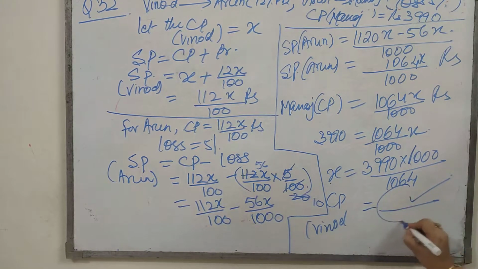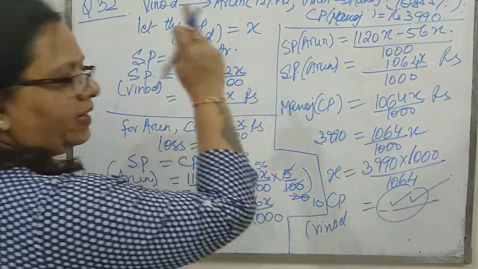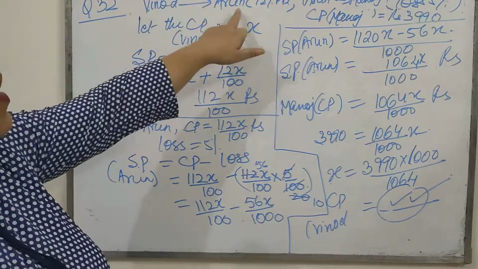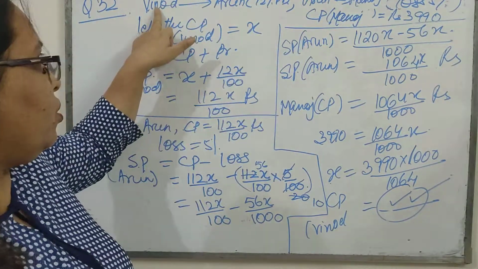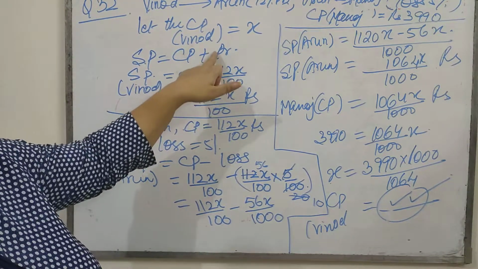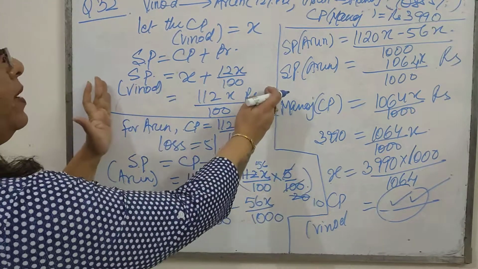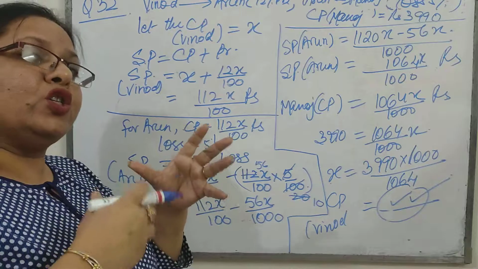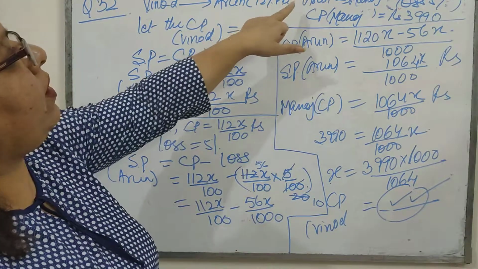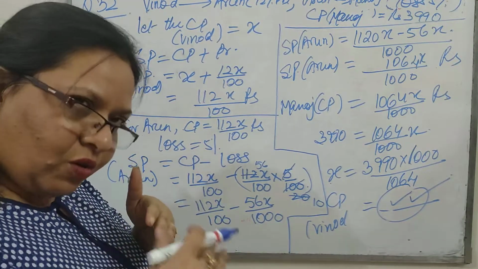That means this much money, whatever answer you get here, this much money Vinod has paid in the beginning as the cost price. I repeat, 3 people are there, Vinod, Arun and Manoj. Vinod sold it to Arun, 12% profit. So SP is CP plus profit, and you added it here 112x by 100. This is the selling price of Vinod. That means Vinod has sold for this much. Now as Vinod has sold, who has bought? Arun. So what Vinod has given, Arun has as cost price.